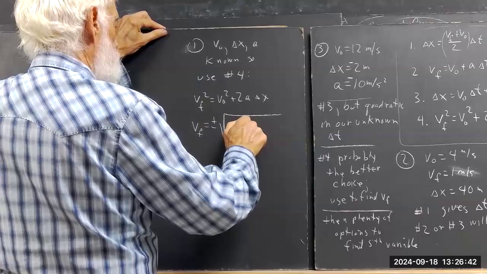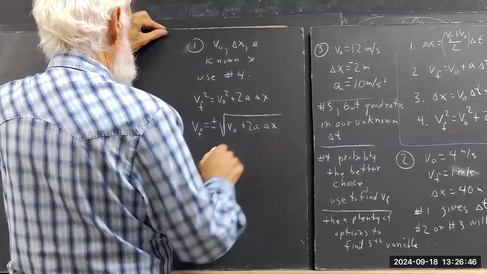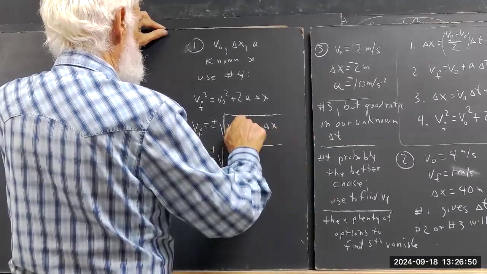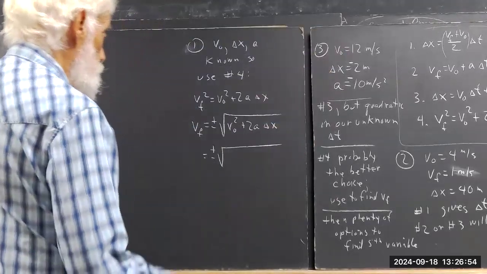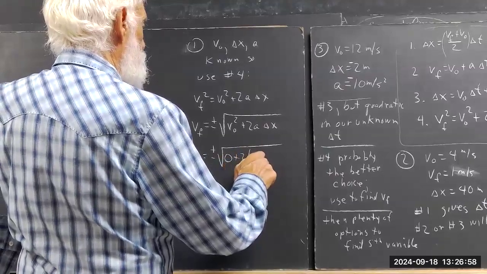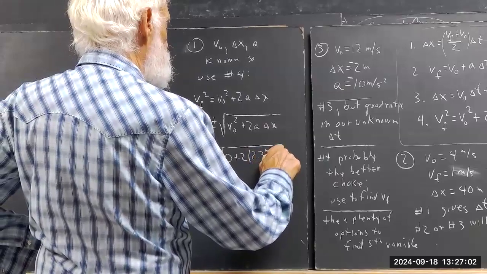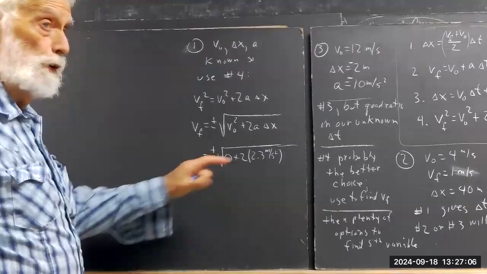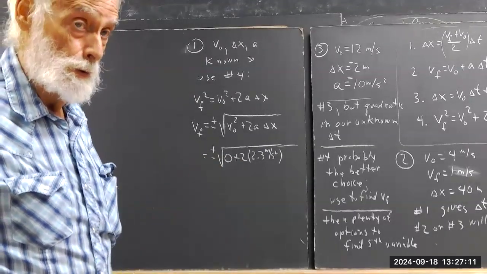Plus or minus the square root of V naught squared plus 2a delta x. Okay, and we've listed V naught and all that. So V naught is 0 plus 2 times 2.3 meters per second squared. See, I'm writing the units right there in the equation, using them at every step, and actually calculating the units.